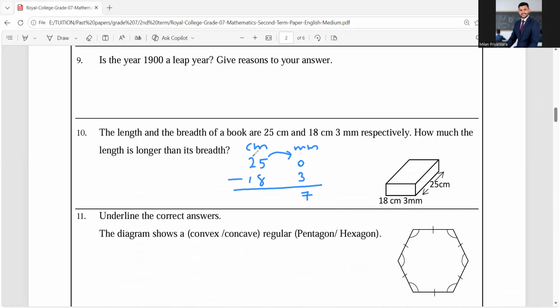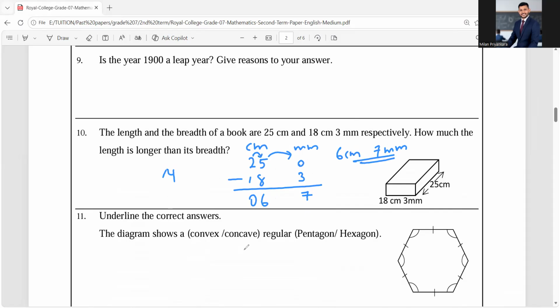You have 4 here, and then you take 1 from here, then it becomes 14. 14 minus 8 is 6. And you have 1 here, 1 minus 1 is 0. So you can take this answer: 6 centimeters, 7 millimeters.